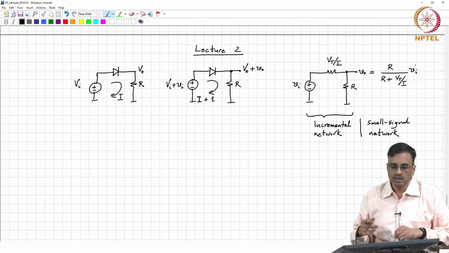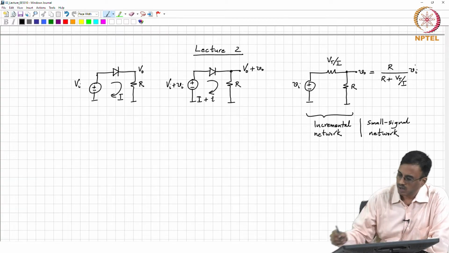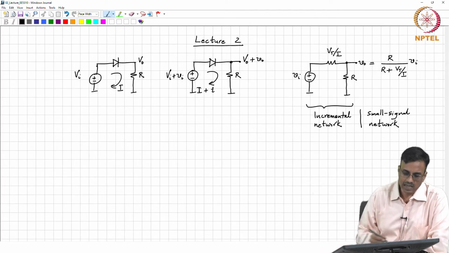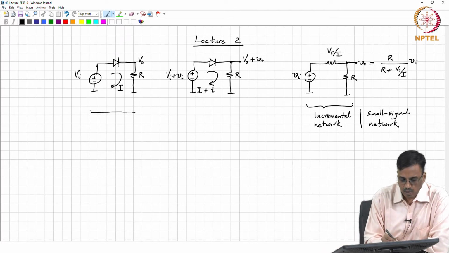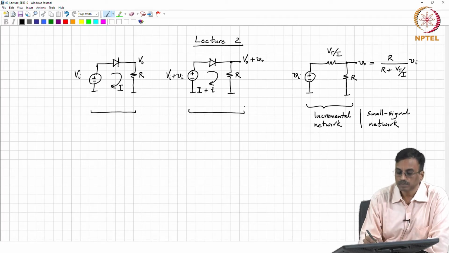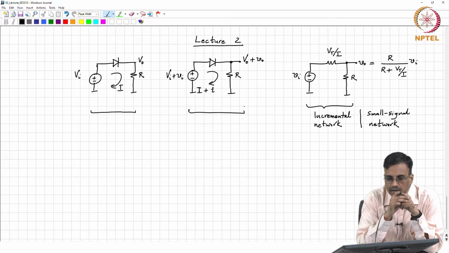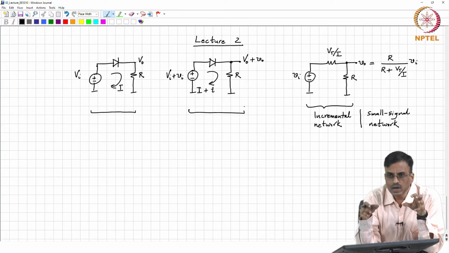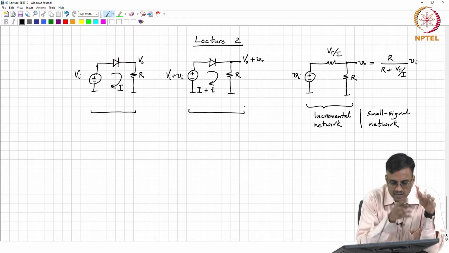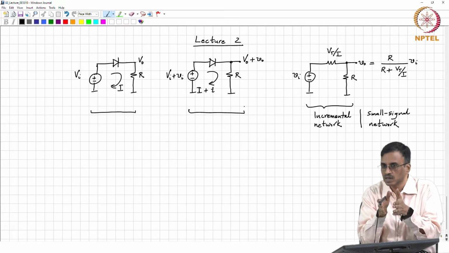Okay. Now, this is for a simple network, and remember what we did. We wrote the equations for the original network. We also wrote the KVL equation for the network where the excitation has changed, and then how did we get the incremental network? We wrote these equations, we wrote that equation, and then we subtracted the two equations, right?